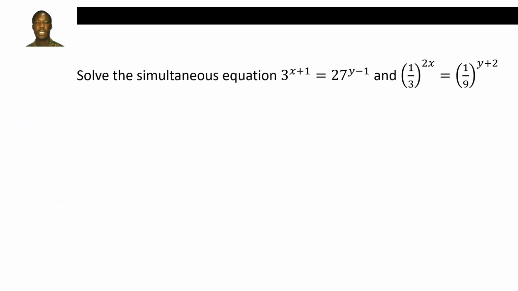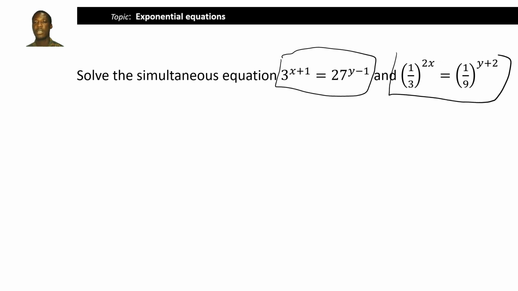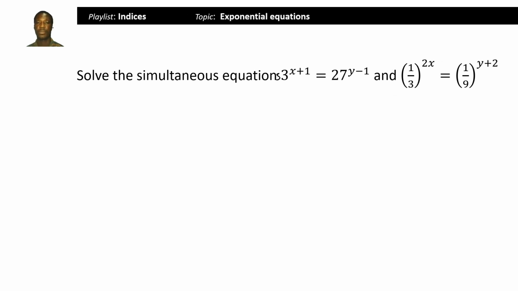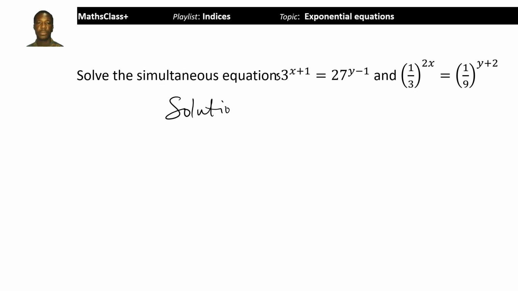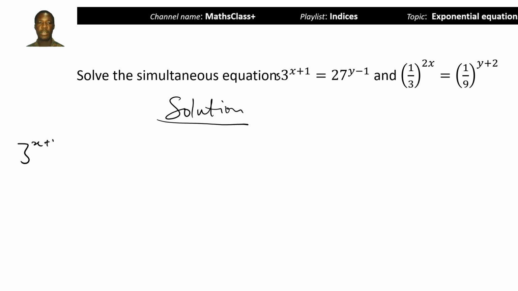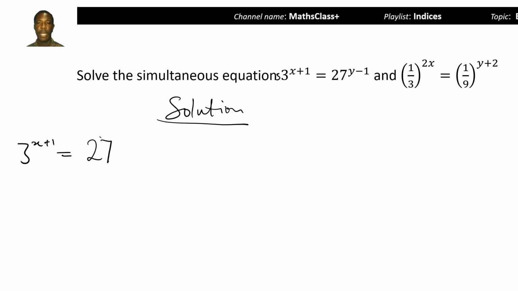Solve simultaneously the equations, this and this. Okay, solution. We have 3 to the power x plus 1 equal to 27 to the power y minus 1.